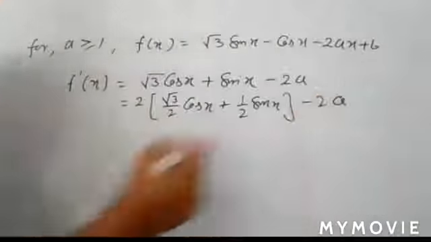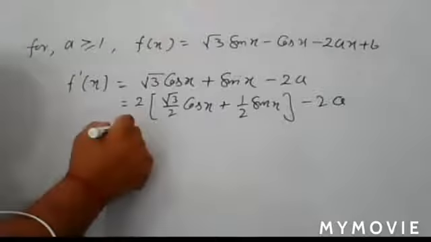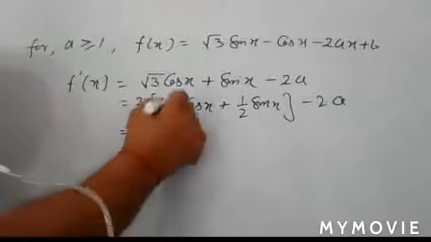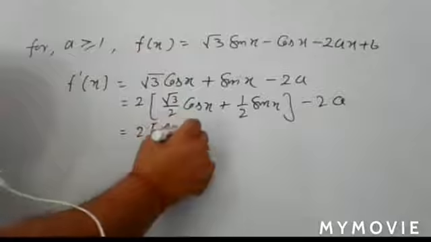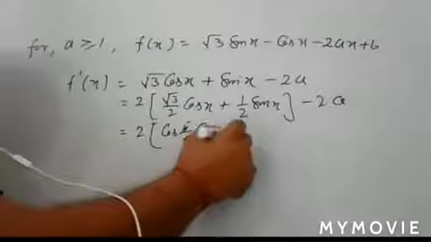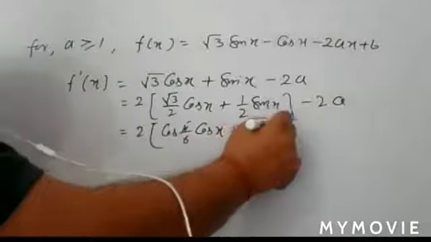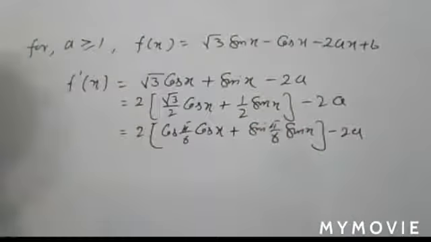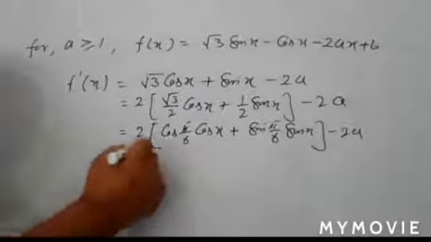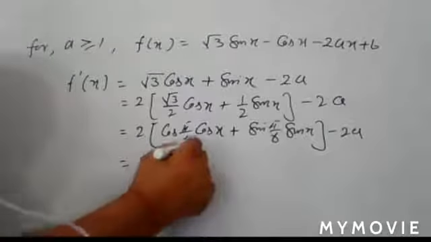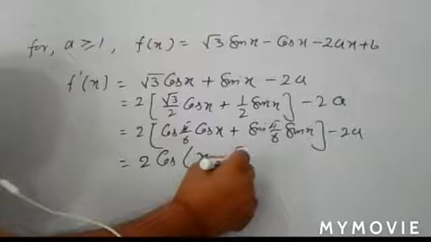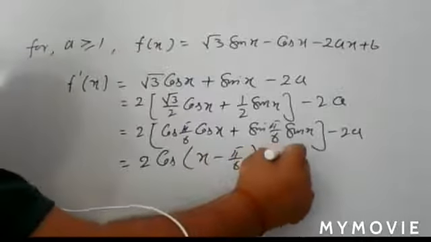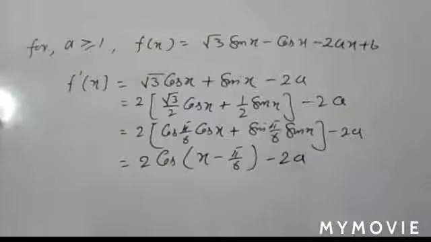Okay, so 2 into, this is the value of cos pi by 6 into cos x plus sin pi by 6 into sin x, and here you have minus 2a. So that is 2 cos of x minus pi by 6, minus 2a. So in this way, here you have the value of its derivative.